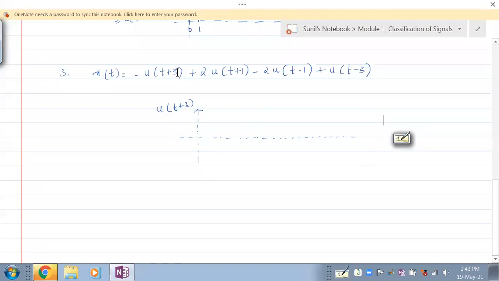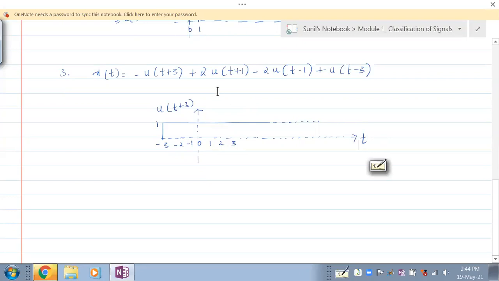It is left. Okay, so u of t is shifted to the left by 3 positions. So this is u of t plus 3: minus 3, minus 2, minus 1, 0, 1, 2, 3. So this is 1 from minus 3 to infinity, mind you. So this is u of t plus 3 for you.